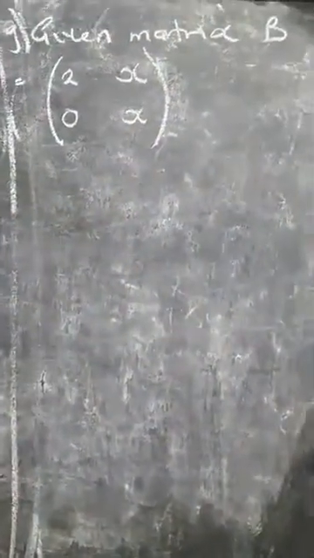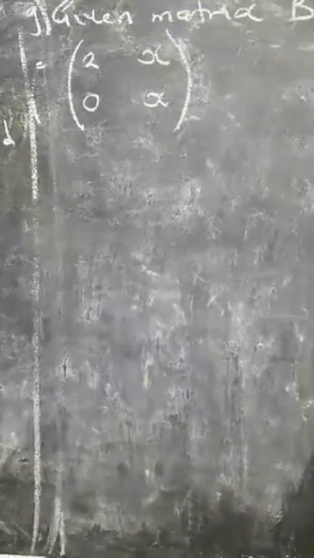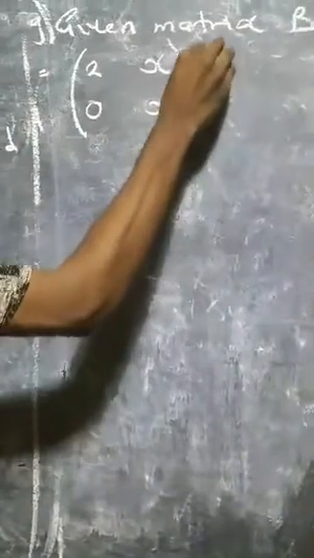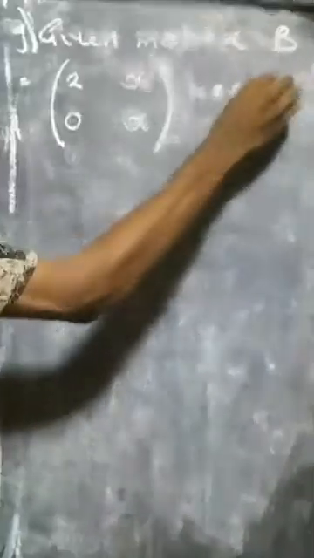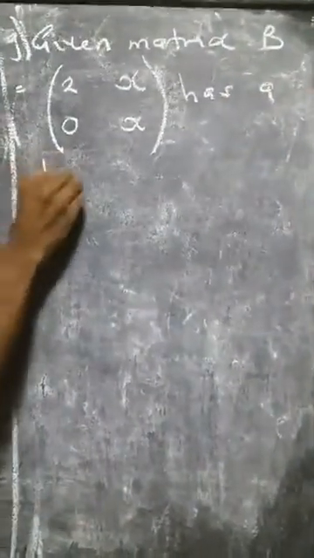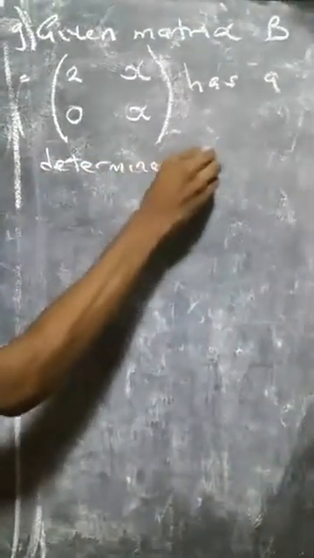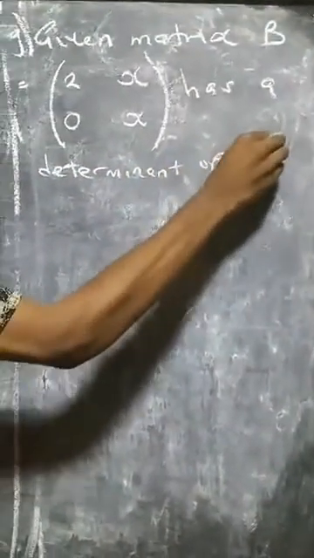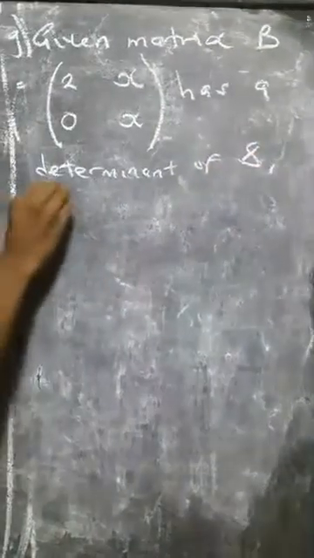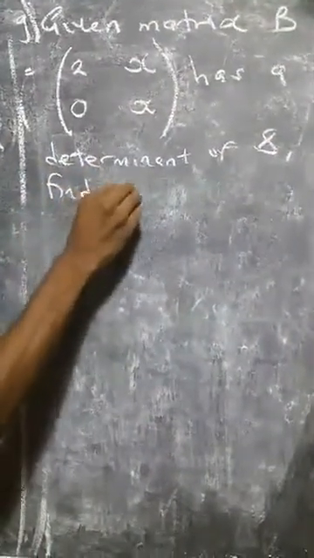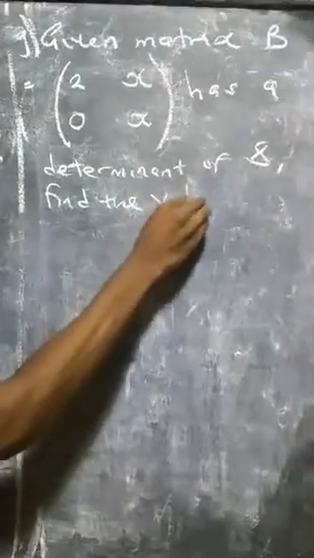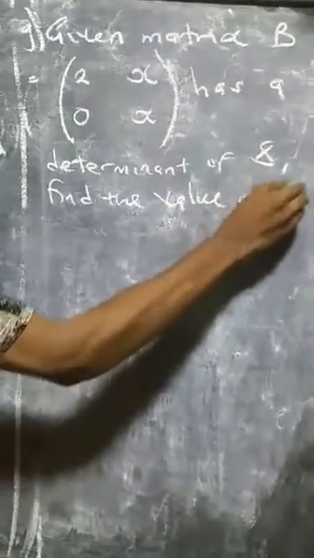Let's have something which looks kind of awkward, so that at least we can have an idea of what to do. It has a determinant of 8. Find the value of x.